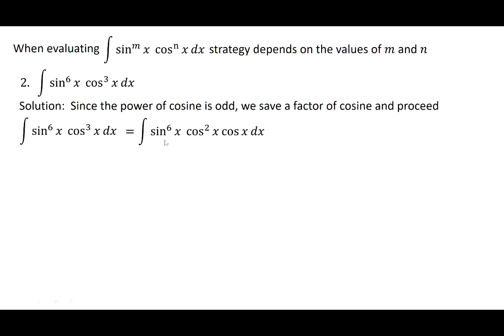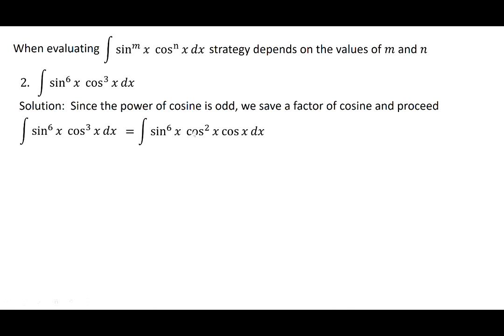Now, would that work? What happens to sine to the 6x? Oh, that just becomes u to the 6. What happens to cosine x dx? Becomes du. But uh-oh, we got this cosine square x. What are we going to do about that? Aha.